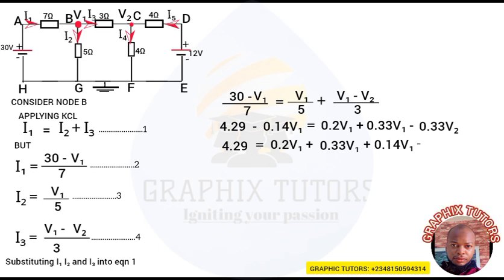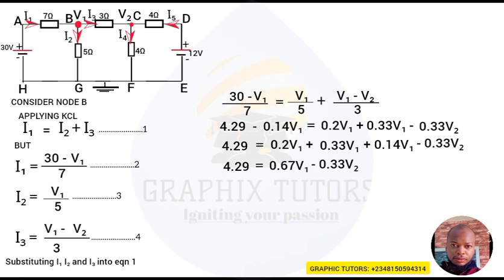Then we have minus 0.33 V2. Now if you add, 4.29 equals, when you sum 0.2 V1 plus 0.33 V1 plus 0.14 V1, you'll be having 0.67 V1, then minus 0.33 V2. You cannot add them together because they have different variables. They are not like terms. We have V1 and V2. So I will term that my equation 5.